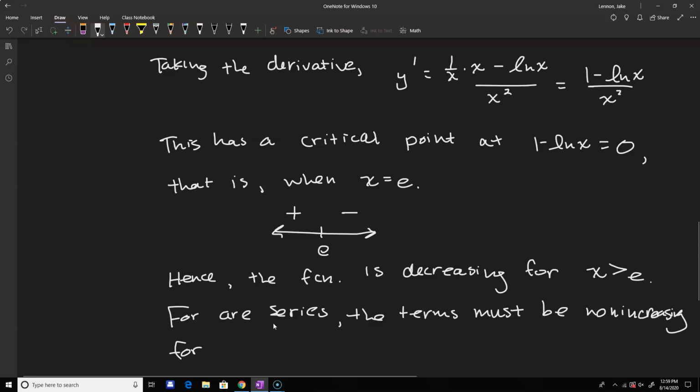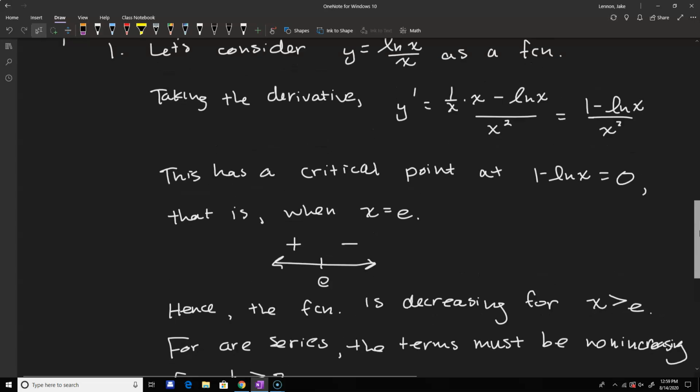It might happen where they increase for the first term, but e is about 2.718, so we know we should get non-increasing after 2. So we're good there. That actually is pretty much the more difficult part of this alternating series problem.